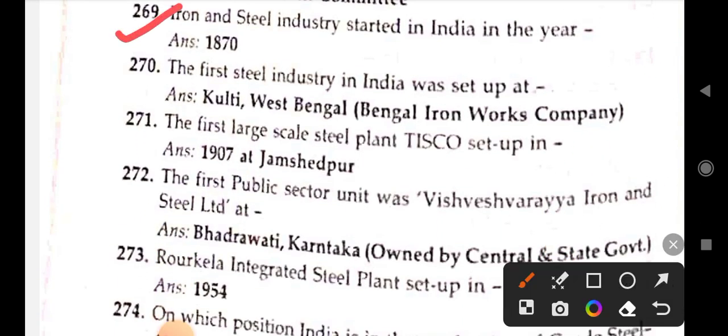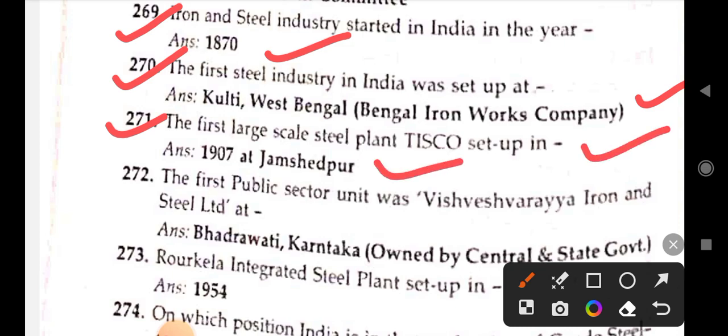Next, the iron and steel industry started in India in the year 1870. The first steel industry in India was set up at Kulti, West Bengal, Bengal Iron Works. The first large-scale steel plant, Tisco, was set up in 1907 at Jamshedpur.